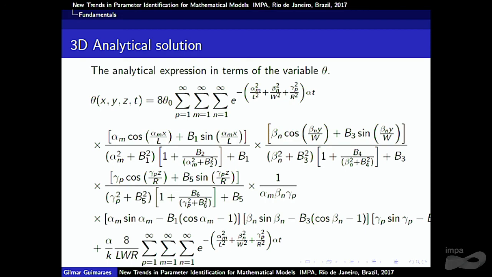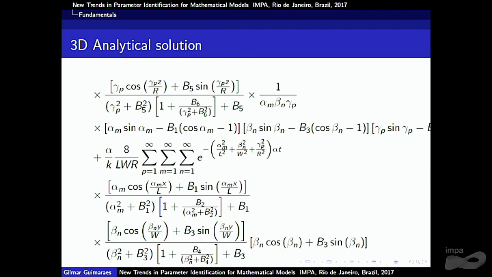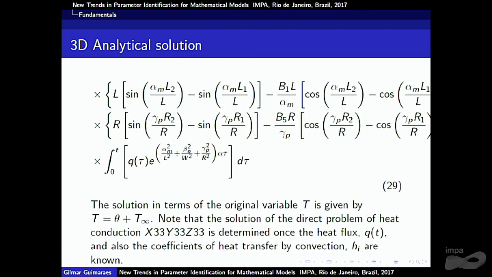And the analytical expression for the solution of this problem is quite big. And the great strength of this technique is that the expression is in function of the heat flux, okay?